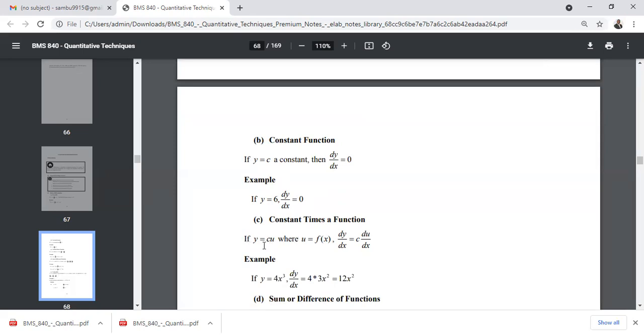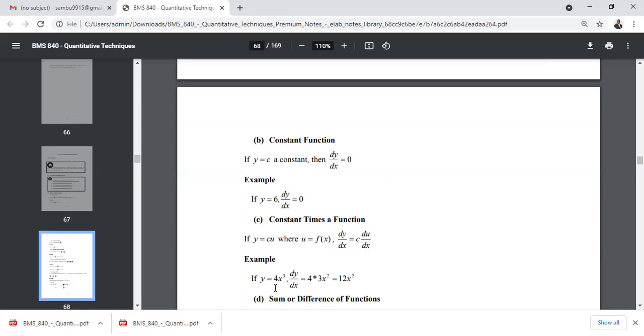Then when we have a constant in front of a function, this is how we operate. For example, we have a function y is equal to cu, where u is a function of x. You take the constant outside, then you differentiate the function u. You're going to have the constant c multiplied by the derivative of u, du over dx.